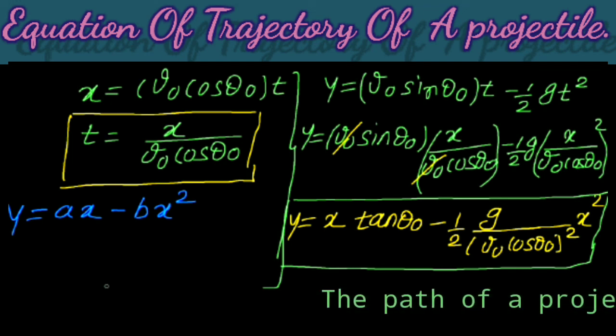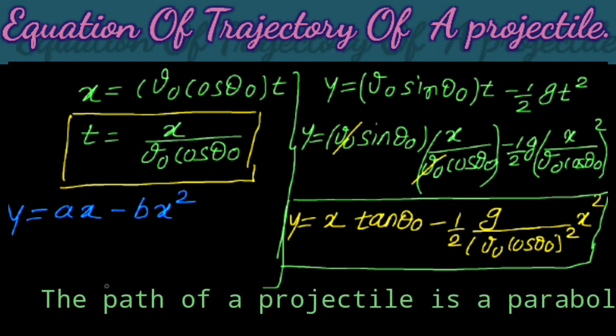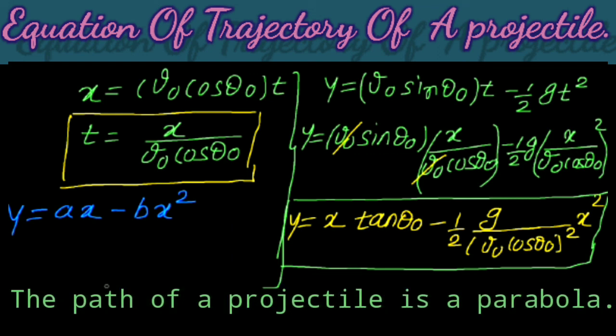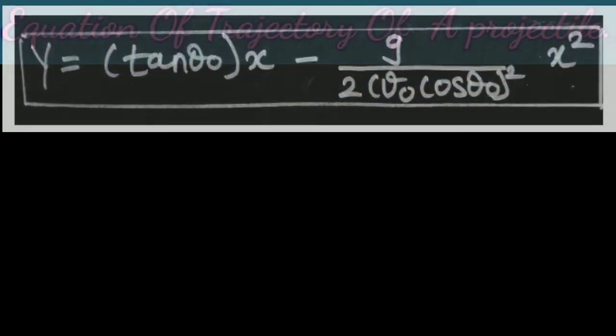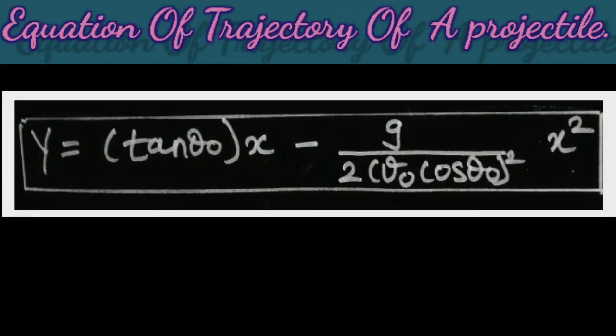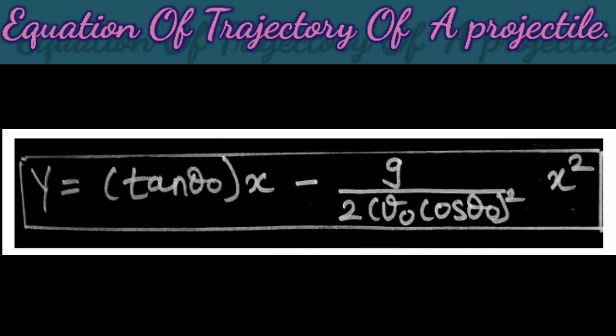Hence, we can say that the path of a projectile is a parabola. So y equals x tan θ_0 minus g divided by 2 times the square of v_0 cos θ_0, times x squared, is the equation of trajectory of a projectile.